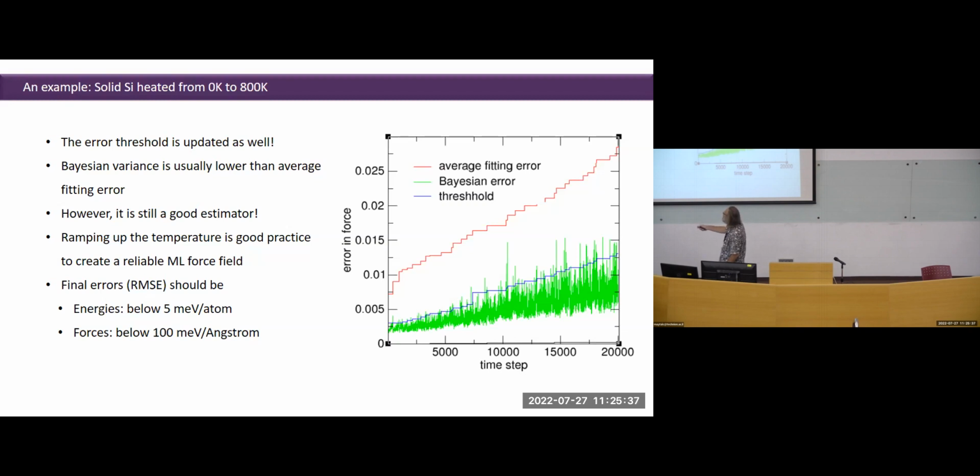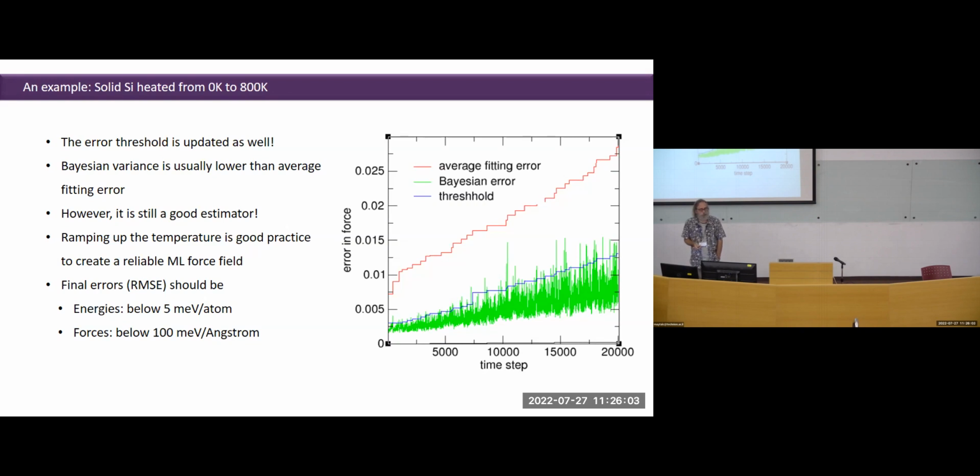And what we aim for, but that will of course depend on what you plan to do with the force field afterwards, very typically, we would like the final root mean square errors to be below something like a few meV per atom, and the errors in the forces below 100 meV per angstrom, something like that. That would already be a fairly good force field.